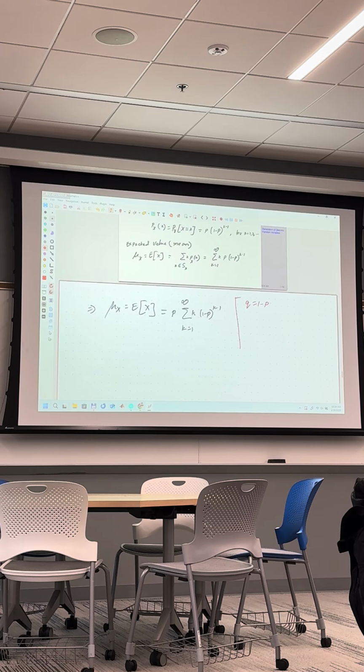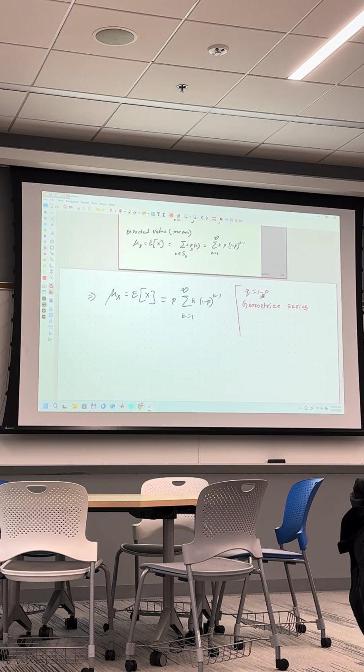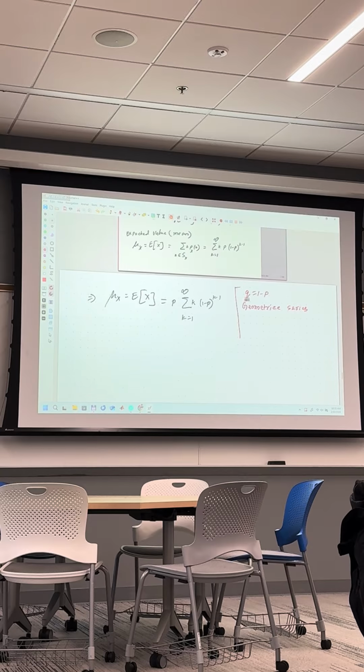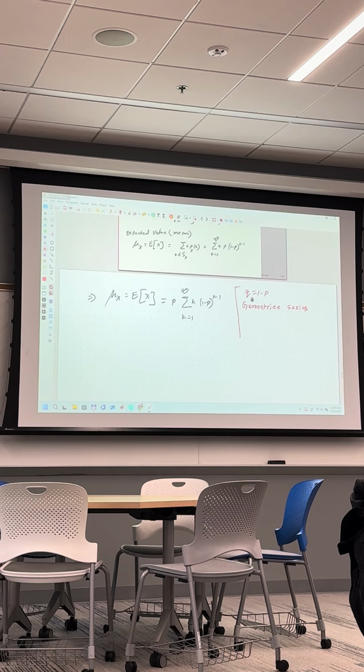Now guys, look. I'm going back to the geometric series. I said that p has to be between 0 and 1, not including 0, not including 1.